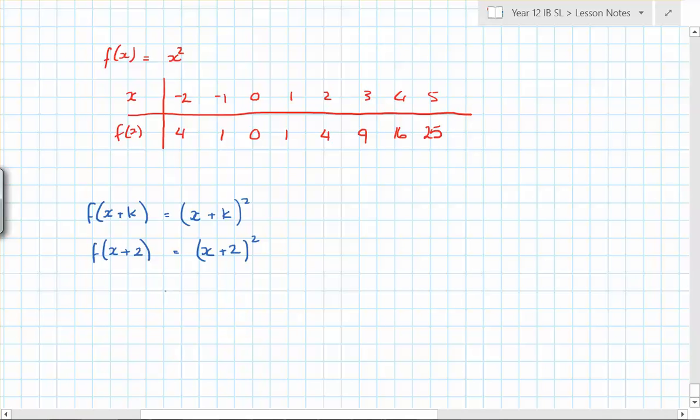So I'm going to draw another table here. And what I'm going to try and do is make it clear why. But you are going to have to pay attention.